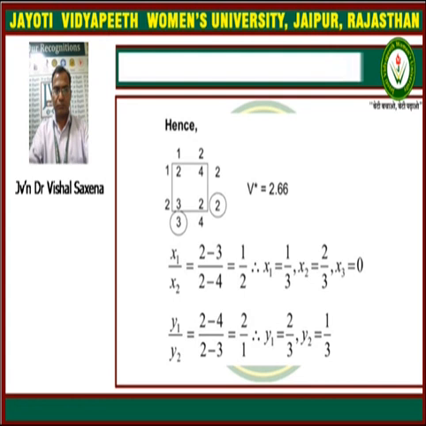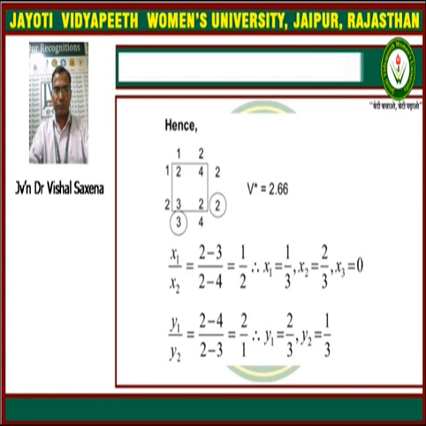In this way x1 becomes 1 upon 3, and x2 is equal to 2 upon 3, and x3, because it is not present in this sub game, is taken as 0. x1 is obtained as numerator upon the sum of numerator plus denominator, and x2 is obtained as denominator upon the sum of numerator plus denominator. So 1 plus 2 is 3, by the usual formula.